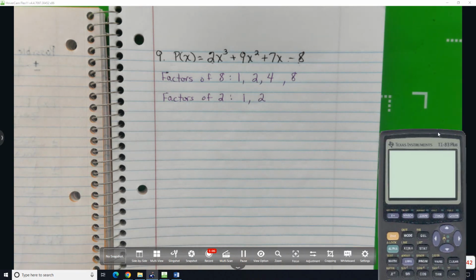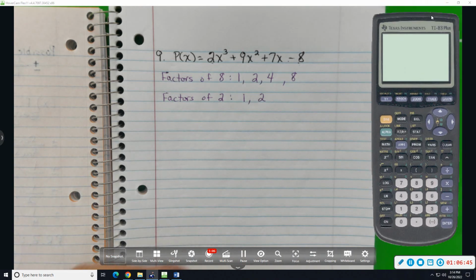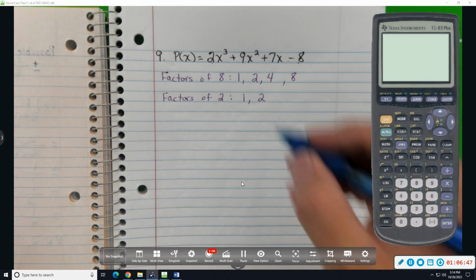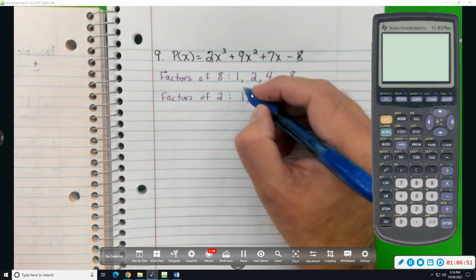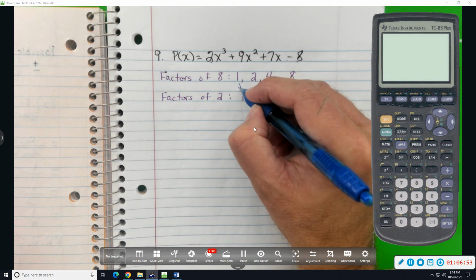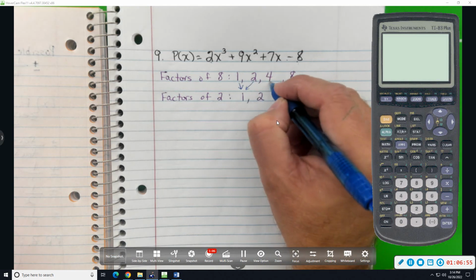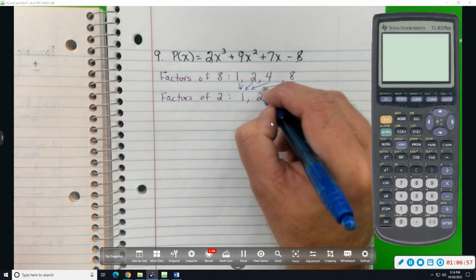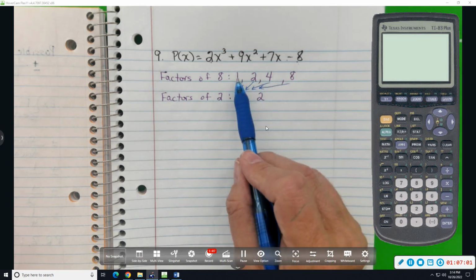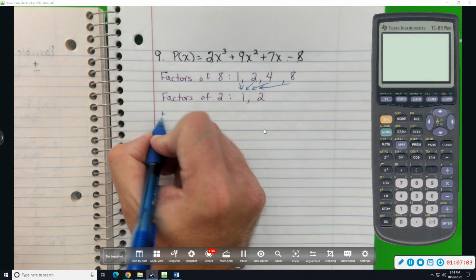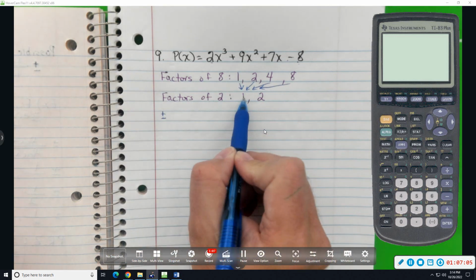And instead of writing all those plus minus things, we take each one of these numbers and put it over 1. I'm just going to draw little arrows. And then we'll put each one of these numbers over 2. So we go plus minus 1 over 1.